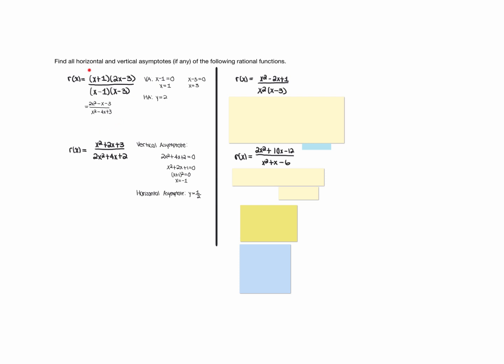Here we're asked to find all horizontal and vertical asymptotes of any of the rational functions. So in the examples, you're given these polynomials that are factored nicely. So what you do for your vertical asymptote is set the denominators equal to 0 separately, and you need the x equals 1 and the x equals 3.